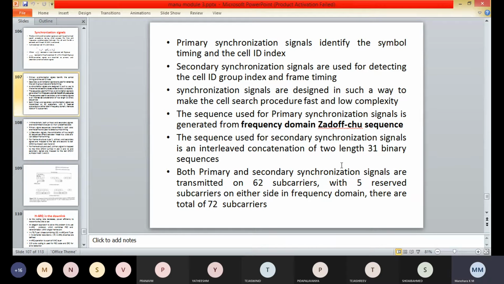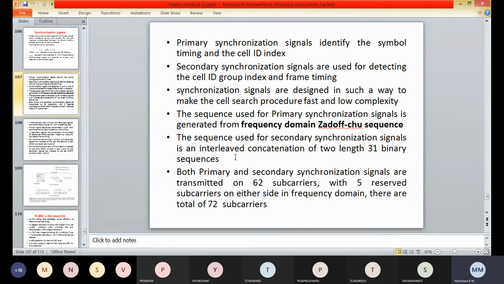The two base sequences are cyclic shifts of the M sequence with shifts specified by the cell ID group index, that is NID1, which are scrambled with a scrambling sequence specified by the value of NID2.